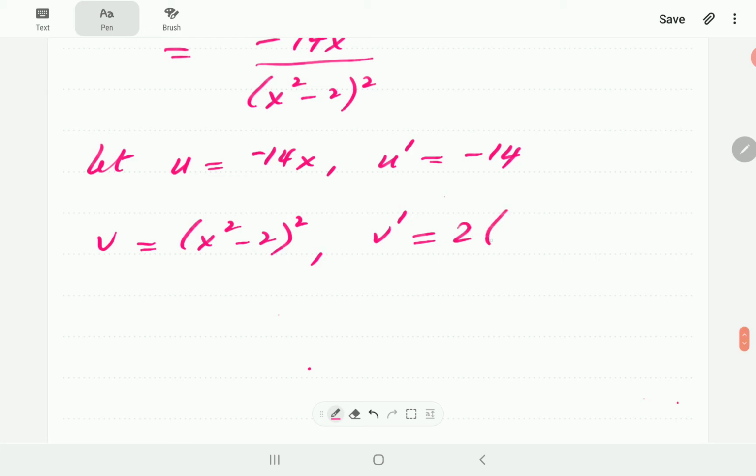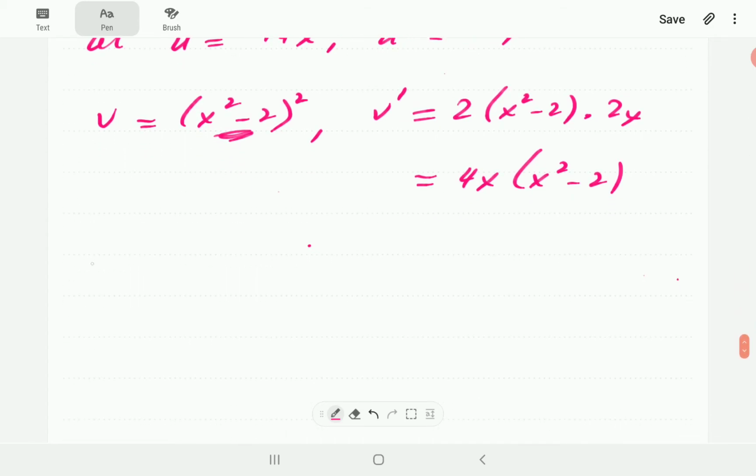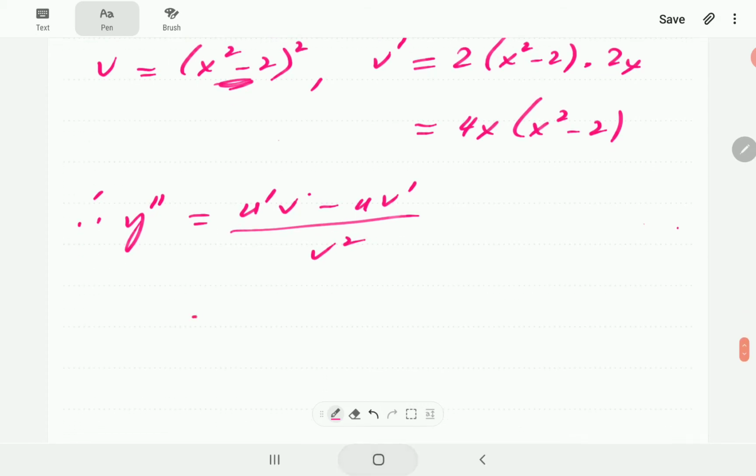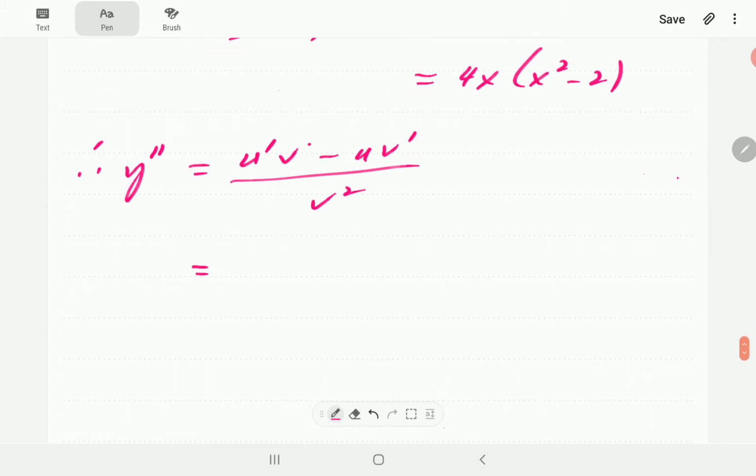So multiply this by 2, we subtract 1 and then multiply by the derivative of the inner function. So this is going to be 4x into x squared minus 2. So what it means is that our second order derivative is going to be u prime v minus uv prime all over v squared. U prime is negative 14.